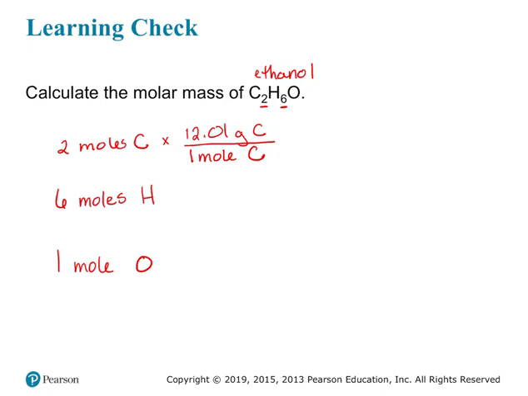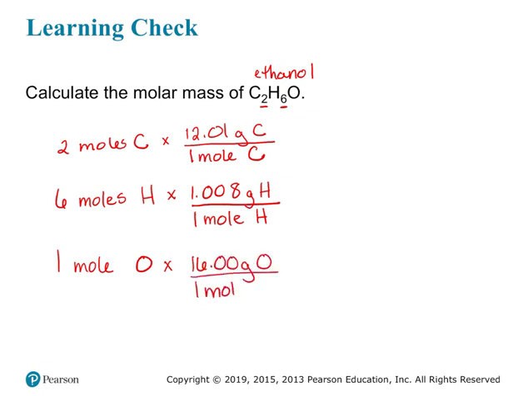Now, we haven't looked up the molar mass of hydrogen yet, but if you look on your periodic table, the number underneath the element symbol is 1.008, or some periodic tables will just round up to 1.01. It just kind of depends on the periodic table. And then that's for every 1 mole of hydrogen. And then we already saw that the mass of oxygen is 16 grams per mole.